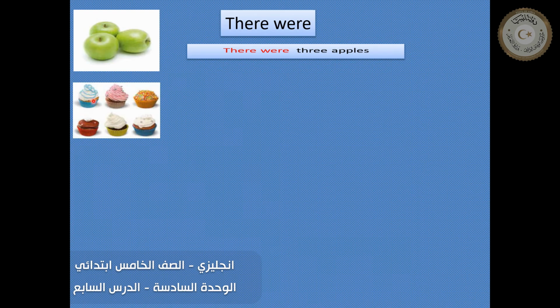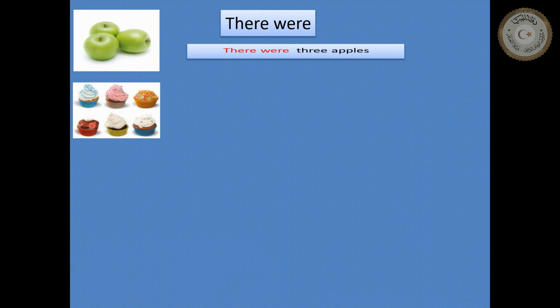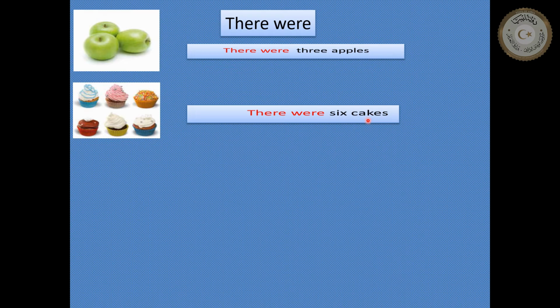Cakes. How many cakes? Can you answer it, Rahaf? 6. 1, 2, 3, 4, 5, 6. Excellent. So now, what do we write? Can you try? There were 6 cakes. Excellent. Why there were?